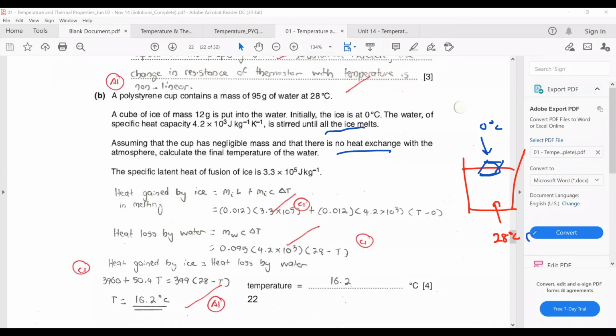So as I mentioned to you, this one is higher in temperature, this one is lower, so heat energy will actually flow from water into ice. Whatever heat is gained by the ice would be the heat lost by the water.